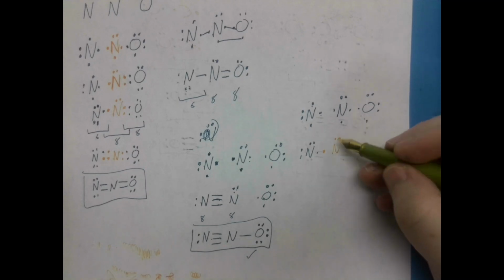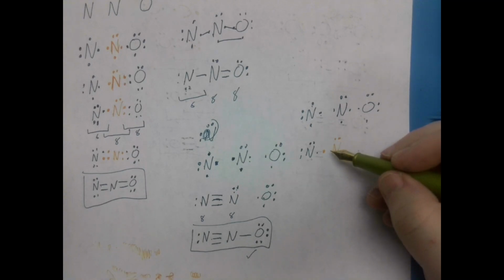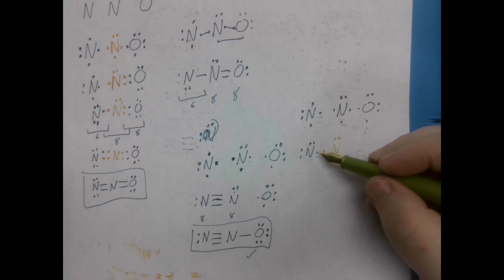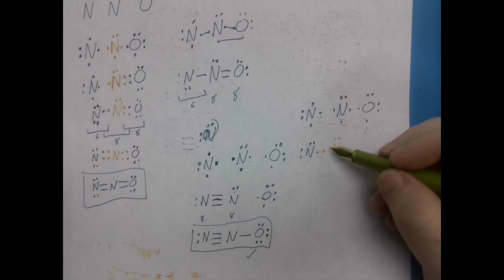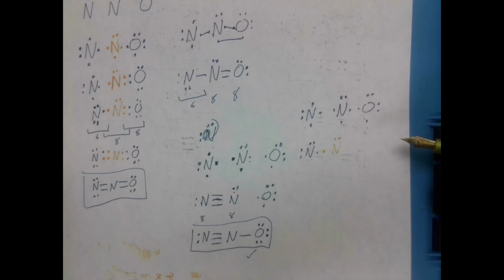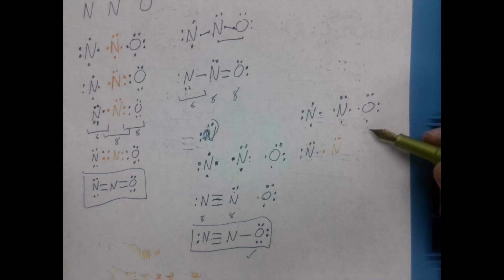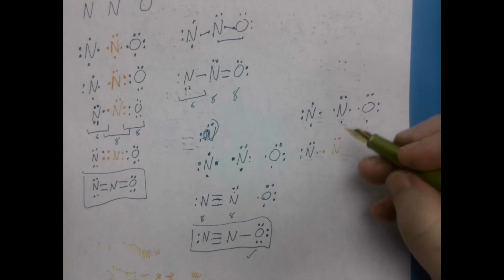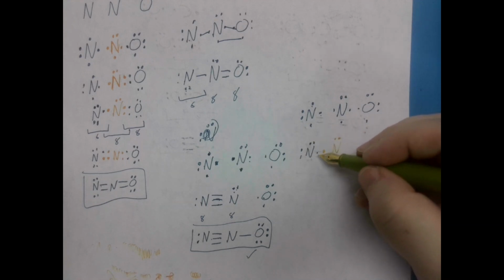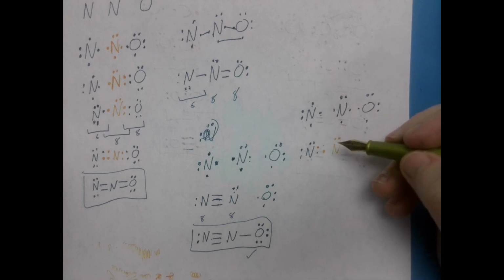Let's see, so. I only need one bond over here. How do I get one electron? I'm assuming this is an intermediate state. That some of the electrons from the oxygen have moved over. So 1, 2, 3, 4, 5, 6. Add the 2 electrons. Now that'll be a double bond.